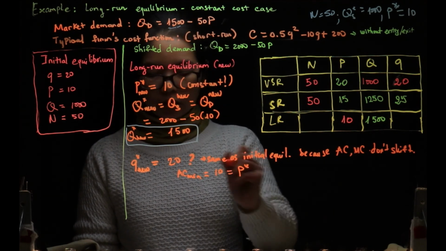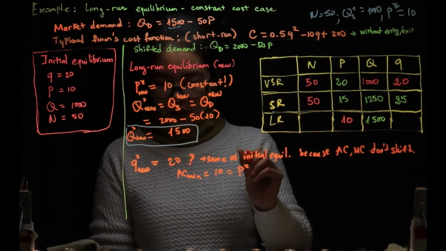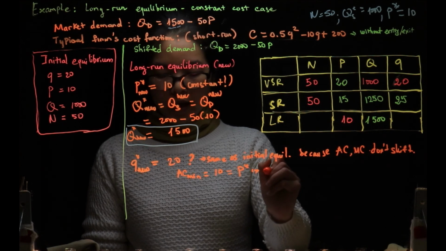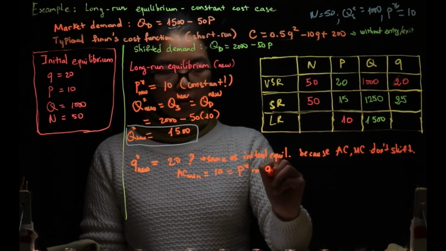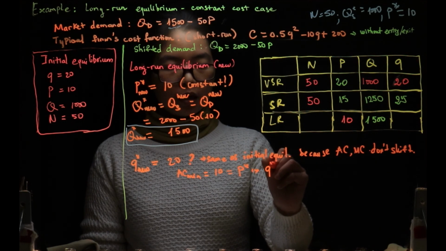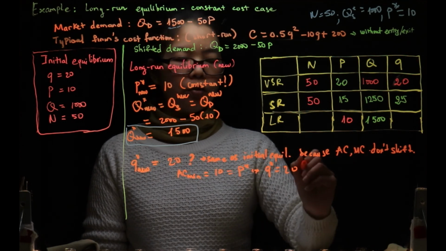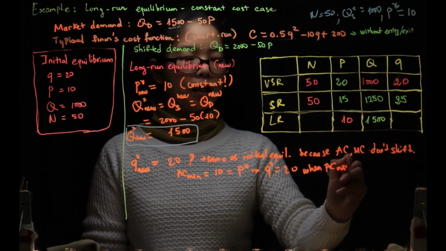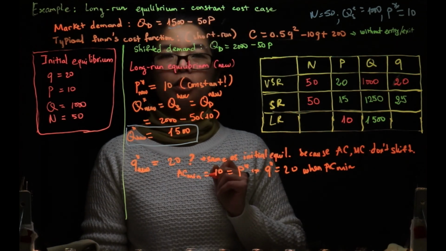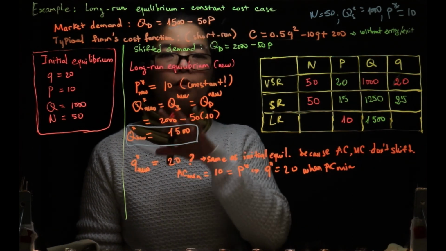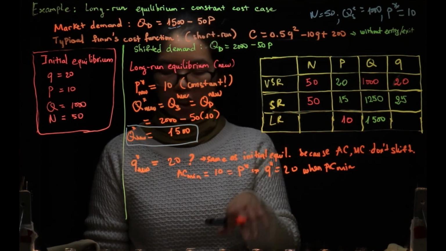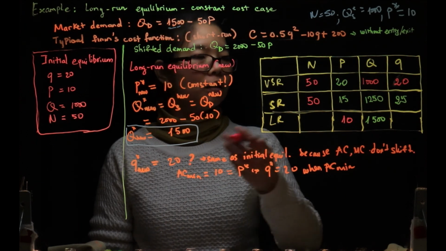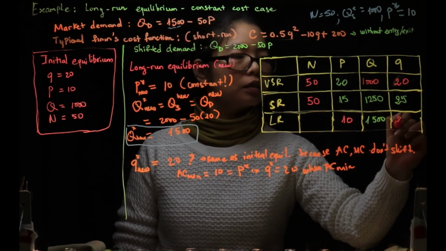Equal P star, that doesn't change. And that means it must be Q equal to 20 when AC is at its minimum, as we derived with the first order condition of the AC before. Constant cost case, not changing. So actually this is not new, but the same thing. So we could fill in here 20.